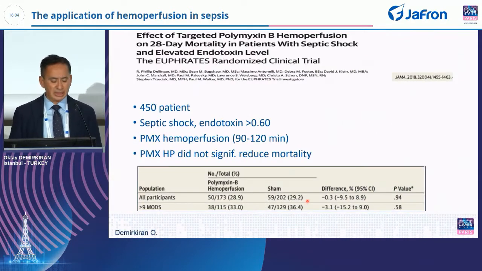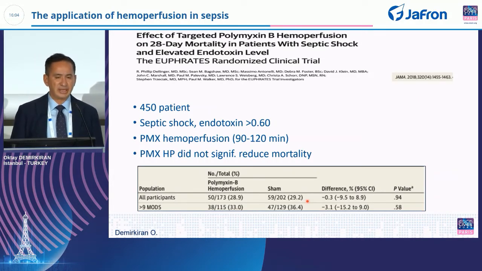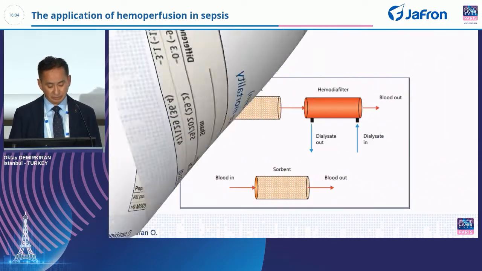But the second study, with more patients, 450 patients in septic shock with increased high-level endotoxin, used polymyxin hemoperfusion for 90 and 120 minutes, and it did not show any significant reduction in mortality in that study.